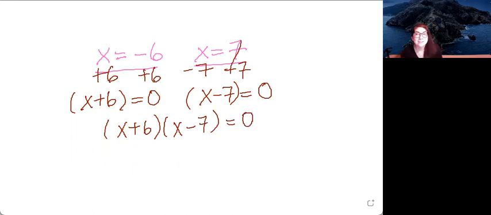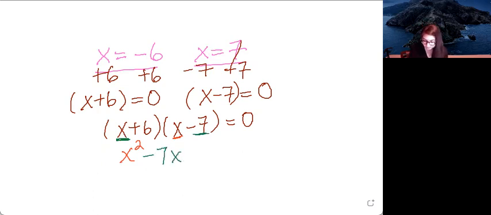But now we're going to have to use the FOIL method, or you can use a box method. But I'm going to try FOIL. FOIL means you multiply the first terms, so x times x is x squared. Then the outside: x times -7 is -7x.